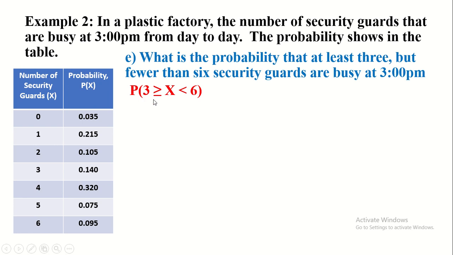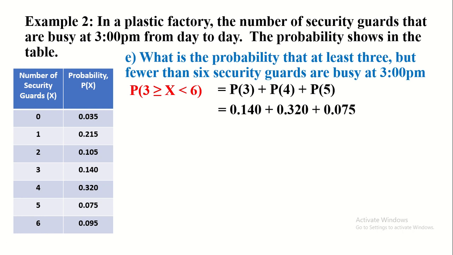Pero, isasama mo si 3 kasi may equal sign siya rito. So, we have the probability of 3 plus probability of 4 plus probability of 5. Hanggang dito ka lang kasi yung second condition mo is less than kay 6 lang. Wala ka namang line dito para isama pa natin yung probability of 6. Pero dito, dahil may equal sign ka sa ilalim, sinama natin yung probability of 3.